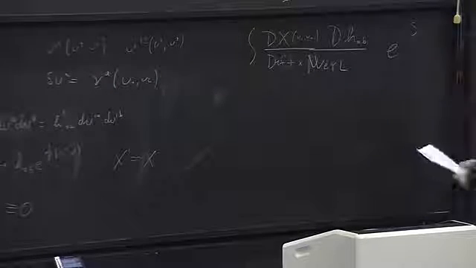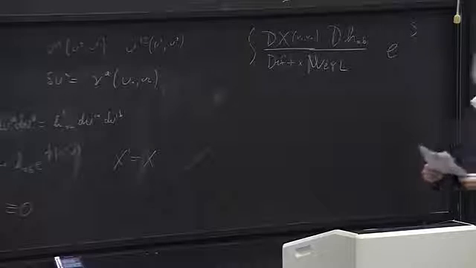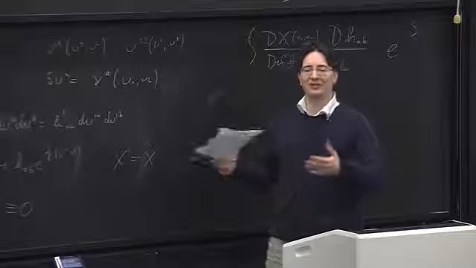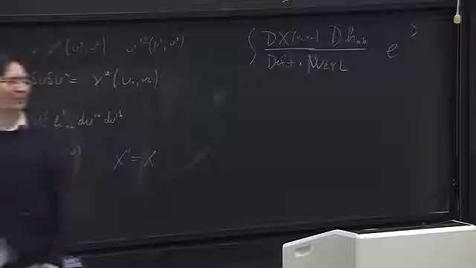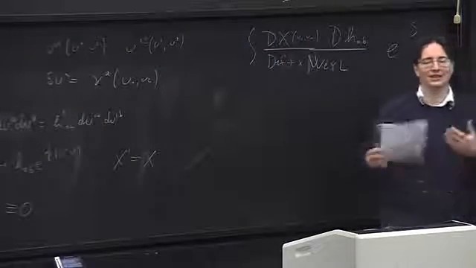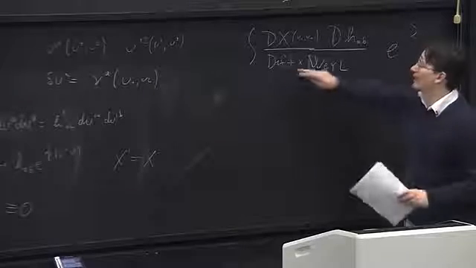Now, we will see this. This is what's usually called an anomaly. I have some symmetry of my classical action, but it turns out that there are troubles regulating the path integral in such a way that the symmetry holds true. And if the symmetry doesn't hold true, then I cannot gauge it.